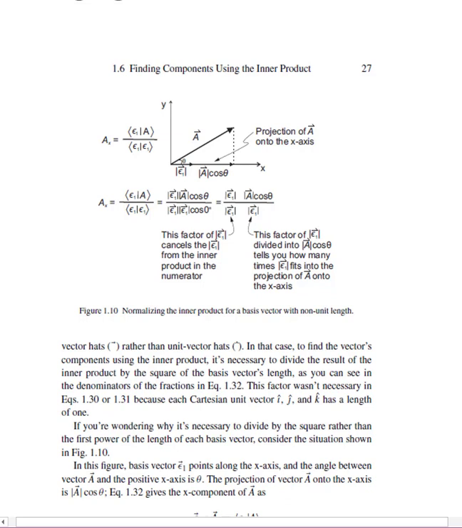So here's vector A. Here you see one of the basis vectors. This one's pointing along the x-axis. This basis vector may not have unit length, but we're going to do the dot product. We're projecting A down onto the direction of the vector. That's A cosine theta in length.